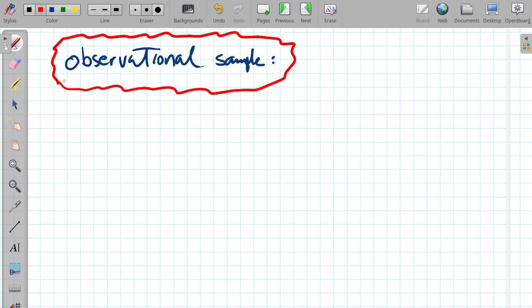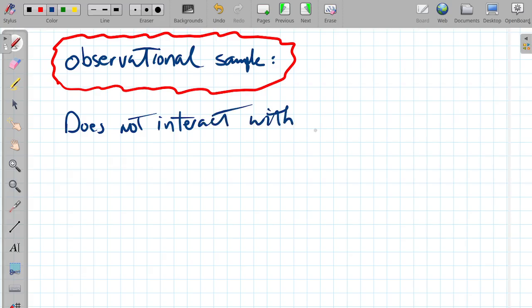Observational sample. Okay, so the beautiful thing about the observation, let's make a couple of notes here. So an observational sample then does not interact with the subject. Now, remember, oftentimes if the subject knows they're being observed, it's going to change their behavior.